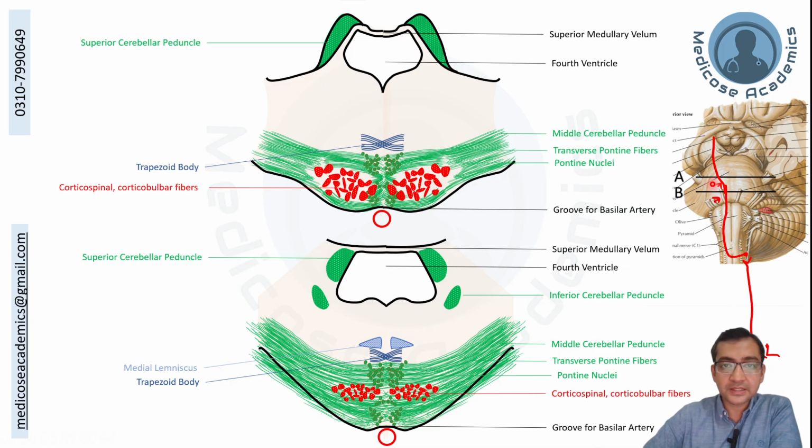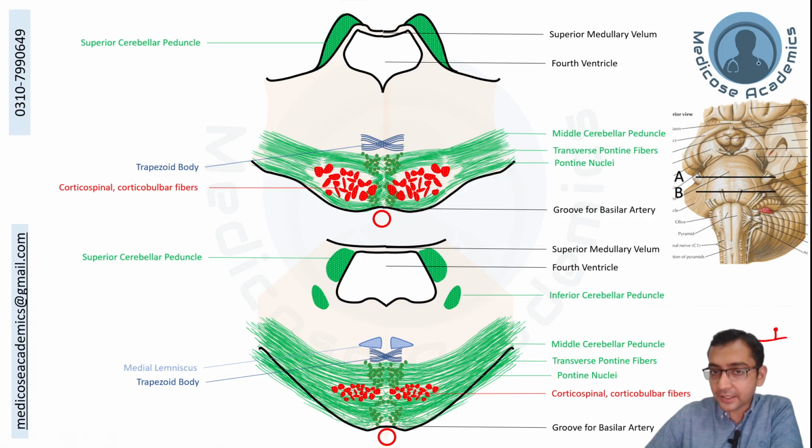That is medial lemniscus. The next one is spinal lemniscus. Some books also add trigeminal lemniscus, but let us move to it gradually. First, let's talk about the spinal lemniscus. Spinal lemniscus is the spinothalamic tract.